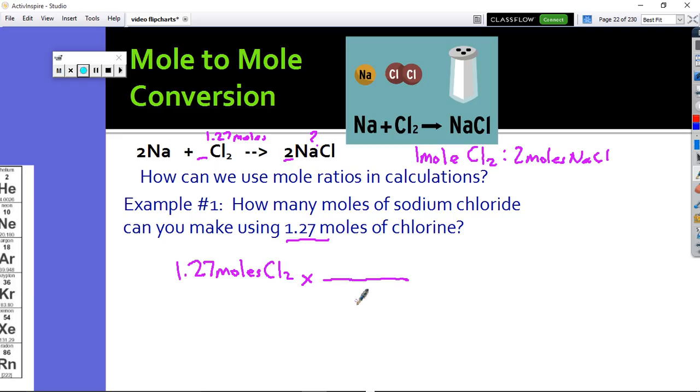So I'm going to write down moles Cl2. Now I need to know what should I put here and what should I put here. So I'm going to go up to my conversion factor and take a look. Moles of chlorine is 1. 1 mole of chlorine. So the 1 goes on the bottom. The rest of the conversion factor, that's the 2 moles of NaCl, is going to go on the top.